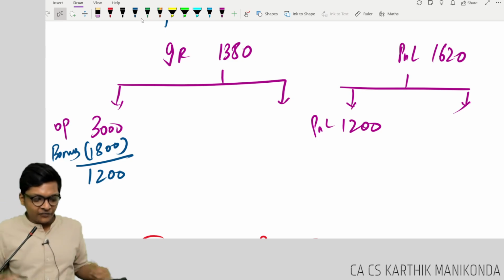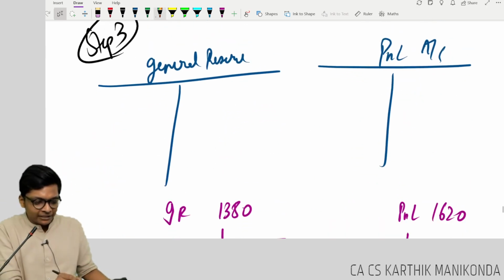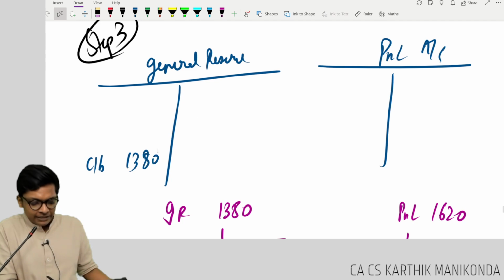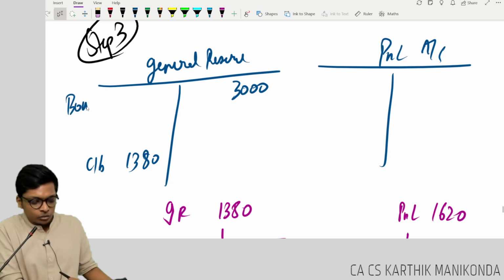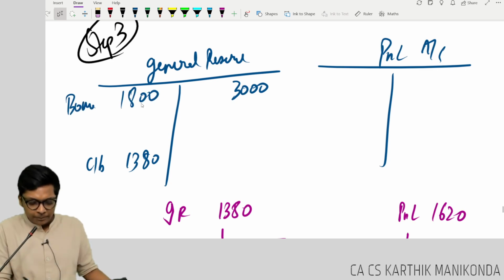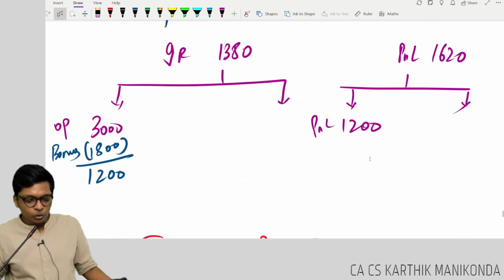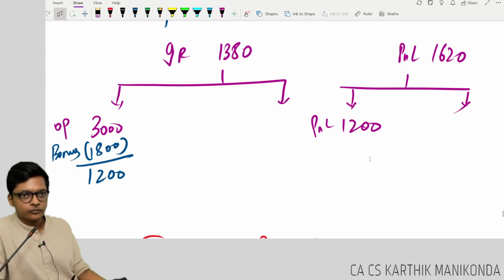So the closing, if I have to prepare this in ledger, let me do in ledger also. Closing balance is 1380. Opening was 3000. In that I gave bonus issue 1800. P&L also closing balance is 1620. Are you following till here, guys?